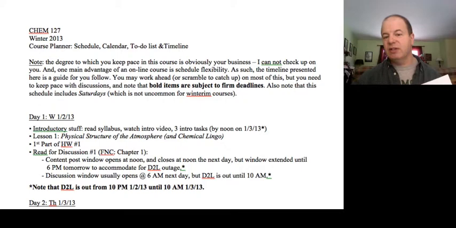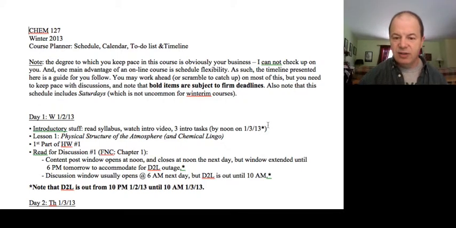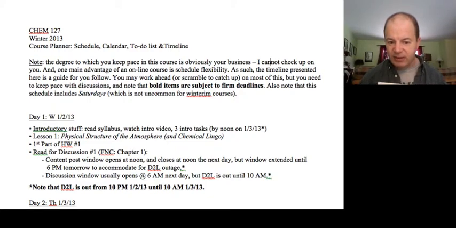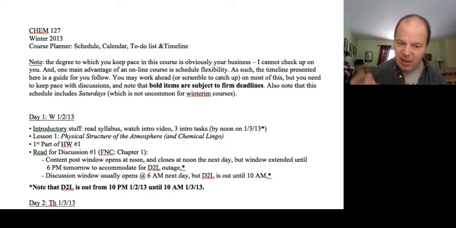Again, the discussions extend in advance. The content window opens a little in advance of the discussion day, and the discussion trickles a little past the discussion day, but it's about 1 every other day. And the idea is to keep those open, since everybody's got to participate and you are working and doing who knows what during winterim, to make sure everybody has some flexibility.